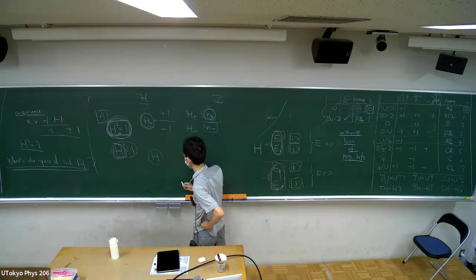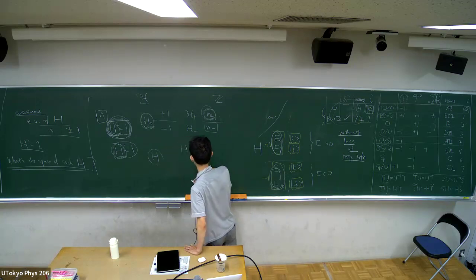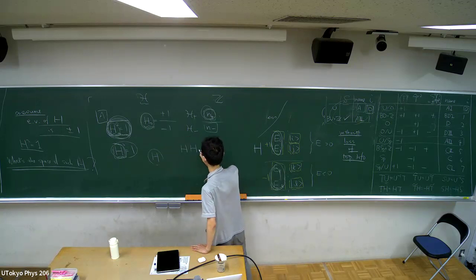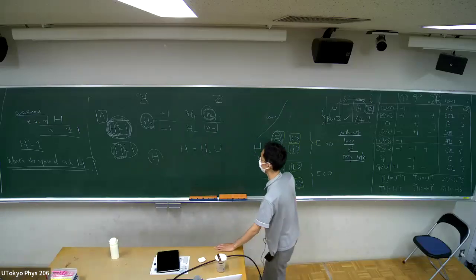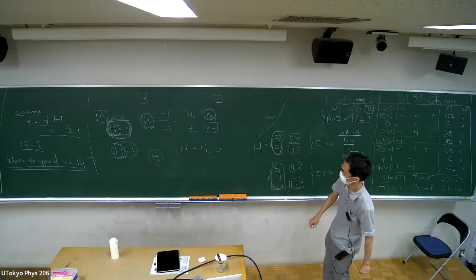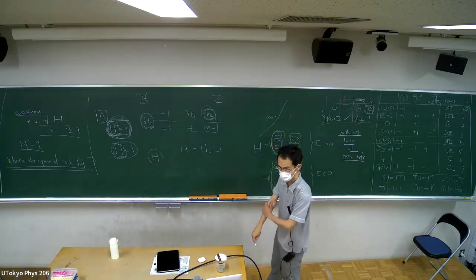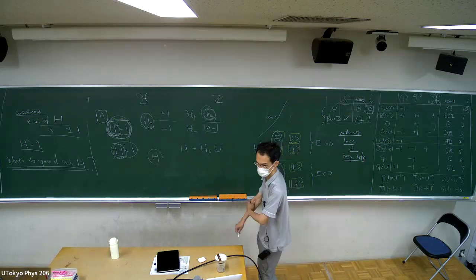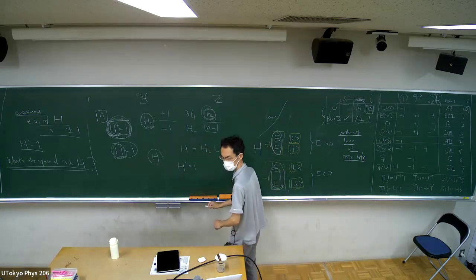So in that case, let's write H as H0 times U. H squared is 1, right?